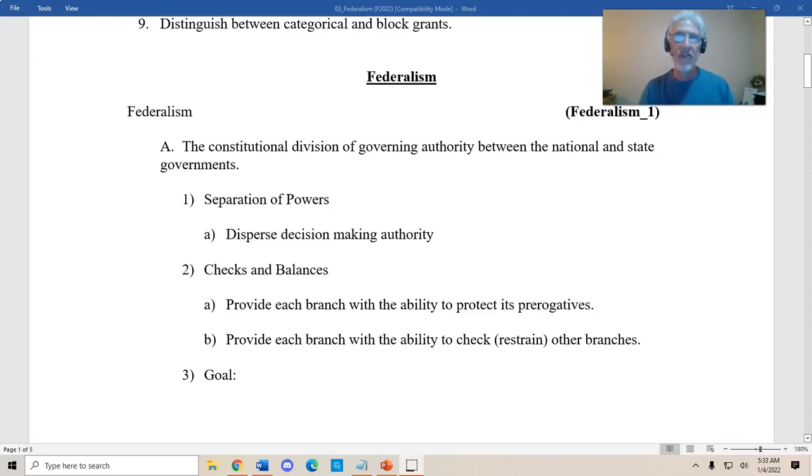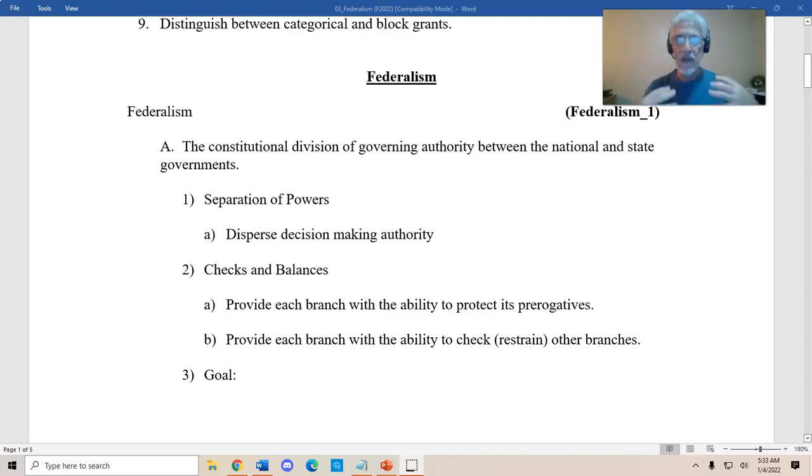When it comes to checks and balances, what the framers knew was there would likely be a tendency for each of these groups to want to take more power than the Constitution gave them. So one of the things that they did, and this is where we use the phrase checks and balances. Checks really is another word for restrain, but they provided each branch with the ability to protect its own prerogatives.